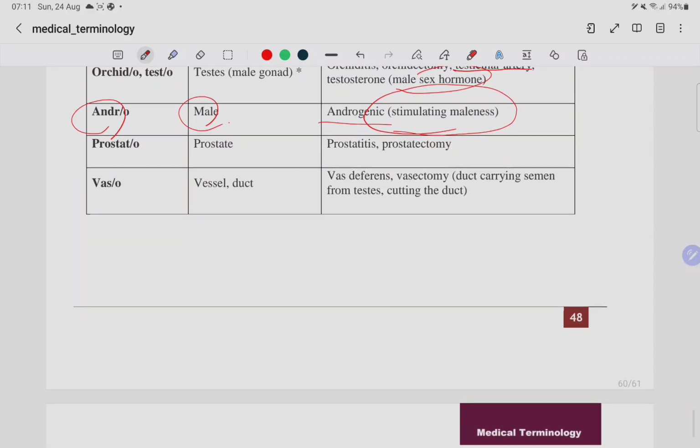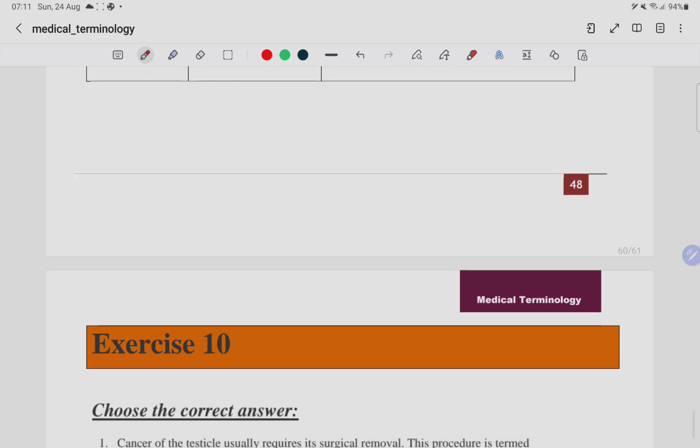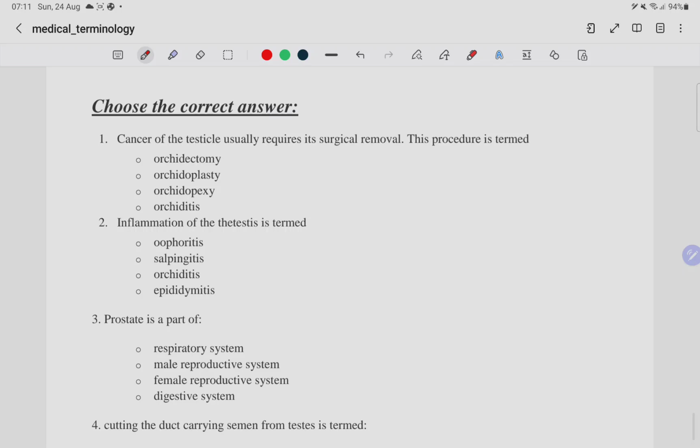Vaso means vessel or duct. So vas deferens is the duct that transports something. Vasectomy is removal of the duct. Okay, this is cancer of the testis that requires surgical removal. It is orchidectomy.